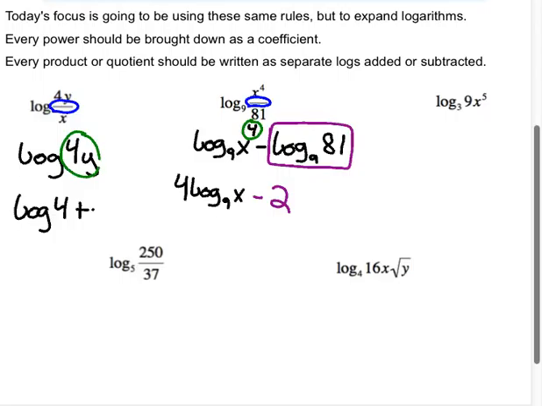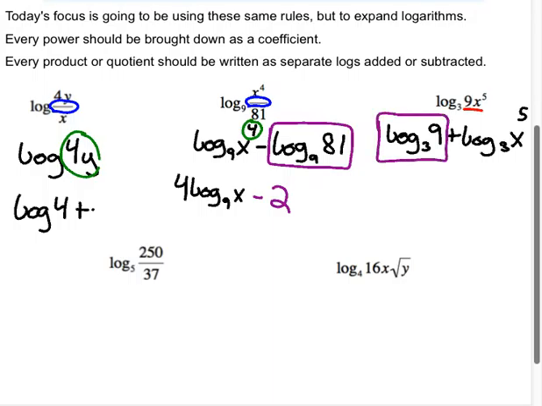So, this next one, the first thing I notice is multiplication. So I'm going to split that up. So log base 3 of 9 plus log base 3 of x to the 5th. Now again, I notice here, 3 to what power gives me 9?